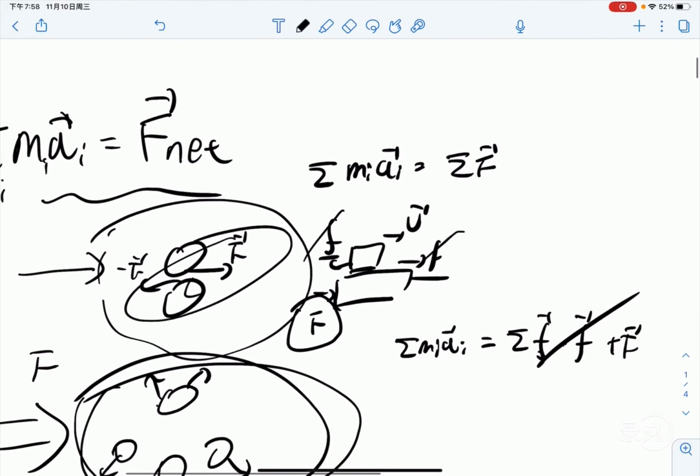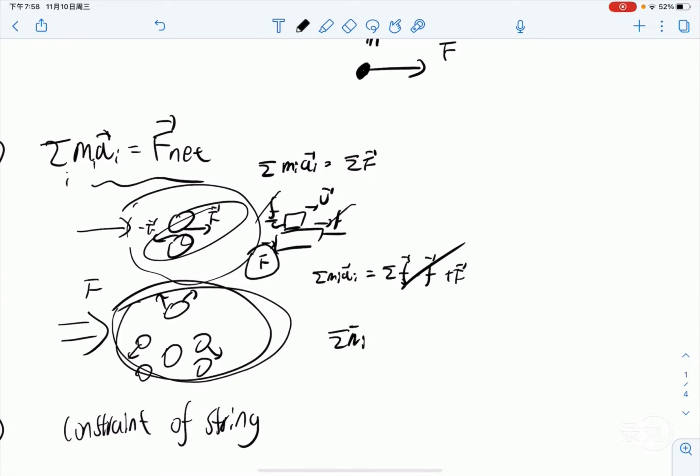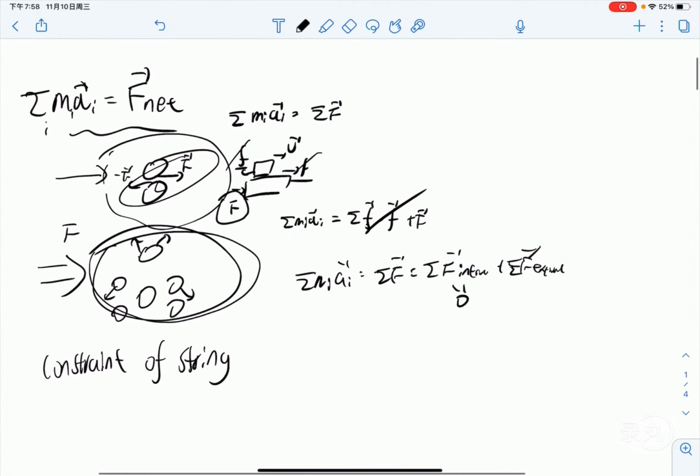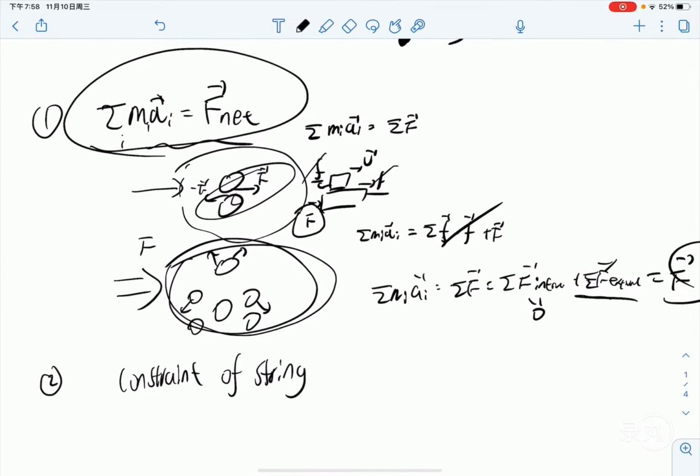So basically, we can write the sum of m_i a_i is equal to F, which is F internal plus F external, and the internal part is equal to 0. And this one we can just write as a big F, which proves the formula over here.